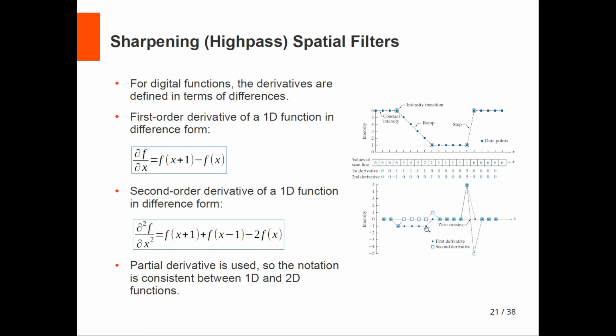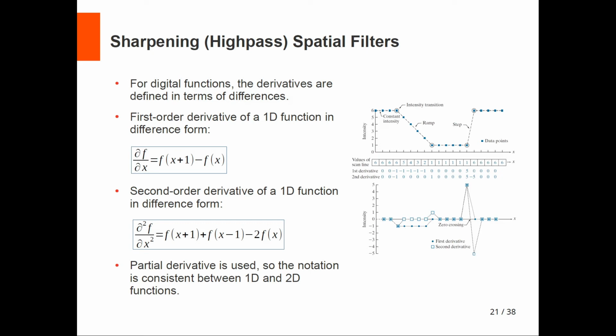So it goes from a non-zero value to a 0 value. The same is true for this step as well. So at this point, we have a sudden change in the value of the first derivative here. So as you can see here, the value for the first derivative and also the second derivative is non-zero.